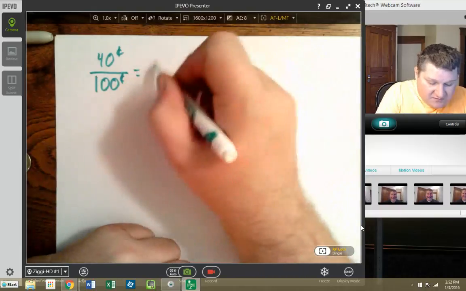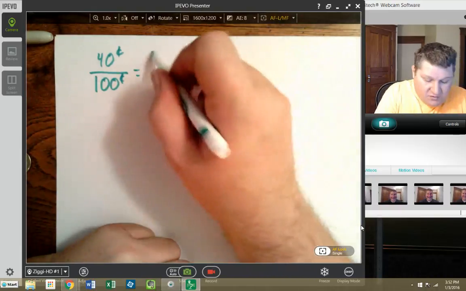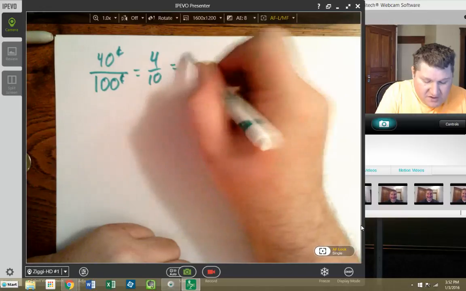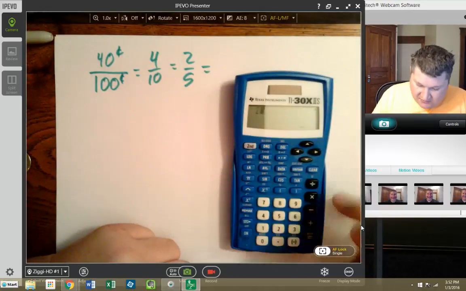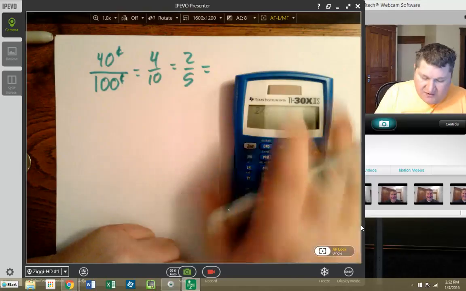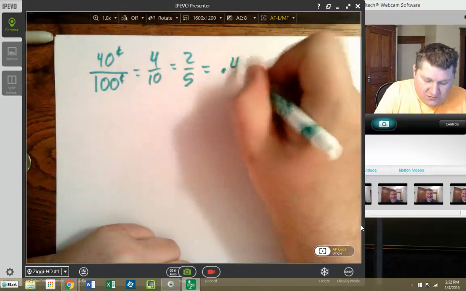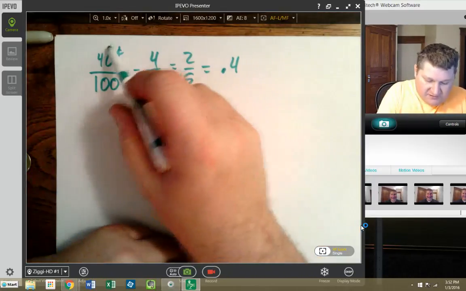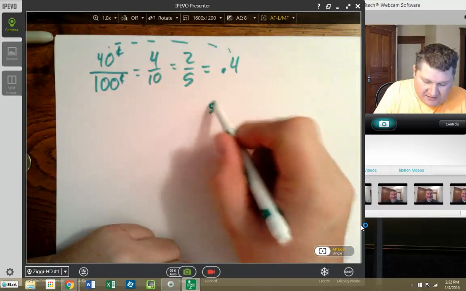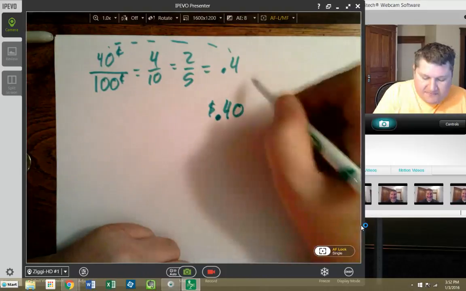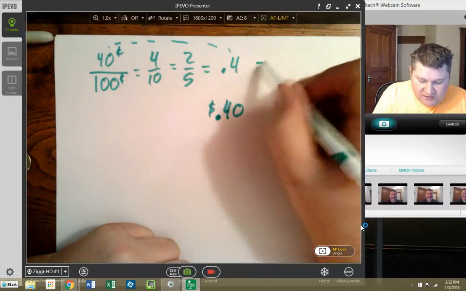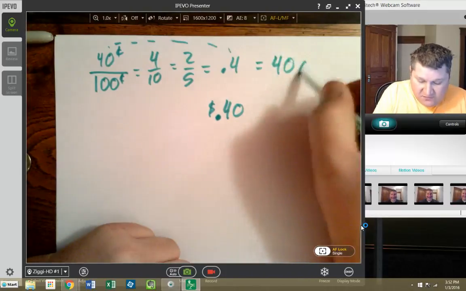So that's going to be 40 over 100, or 4 over 10, or 2 over 5, and I can take my calculator. 2 divided by 5 is 0.4, which makes sense, by the way. 40 cents is also written as $0.40, right?